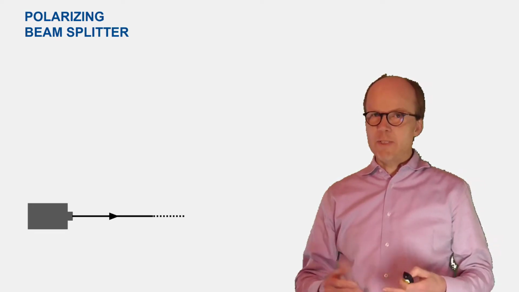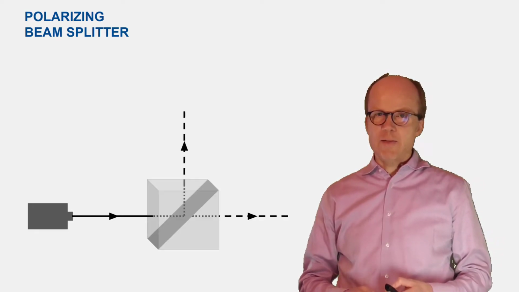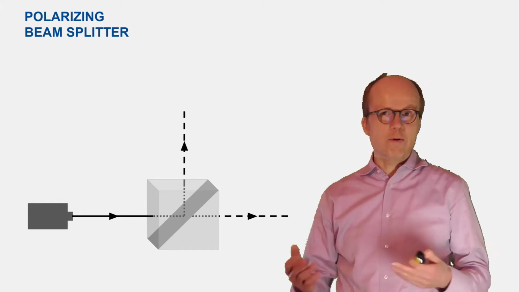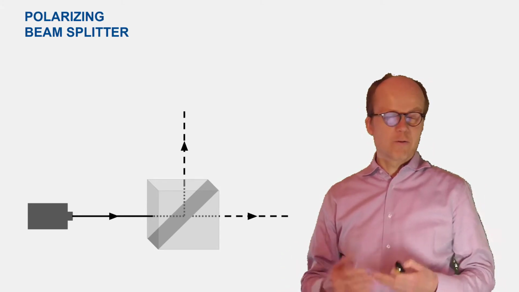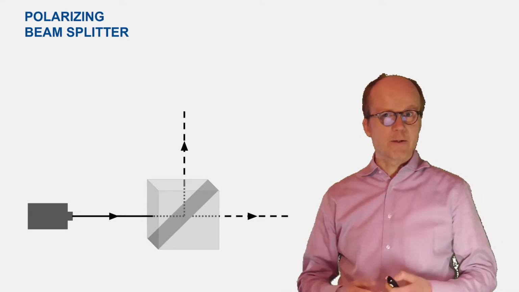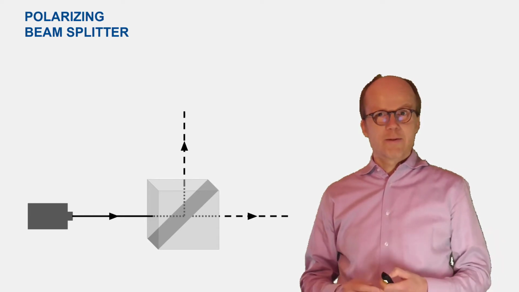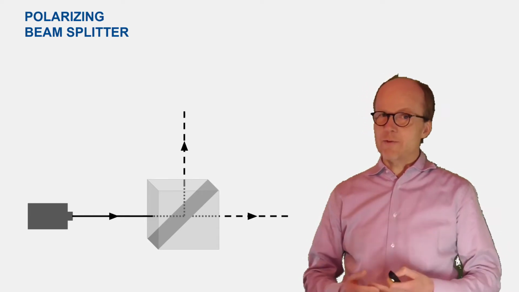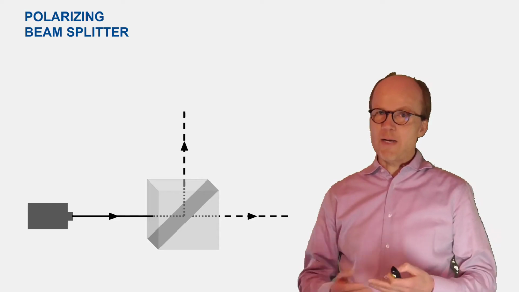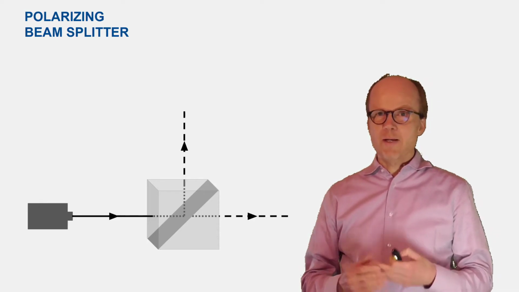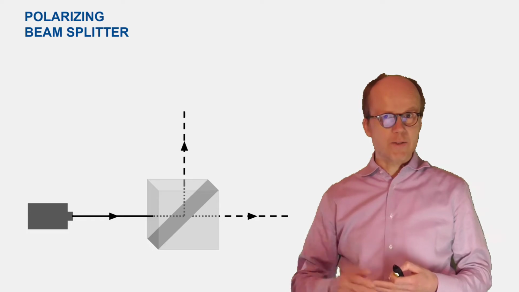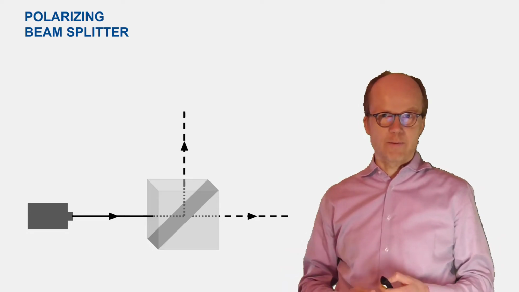Imagine a laser emitting a beam of photons, and then a crystal, or more precisely a pair, two crystals separated by an interface. This crystal or this splitter can be devised in such a way that each photon either passes through or is deflected.